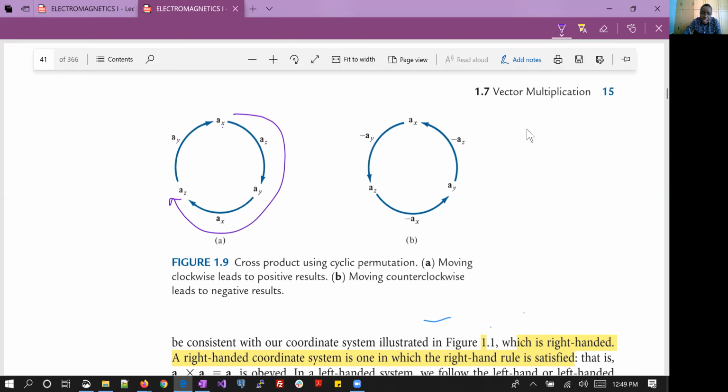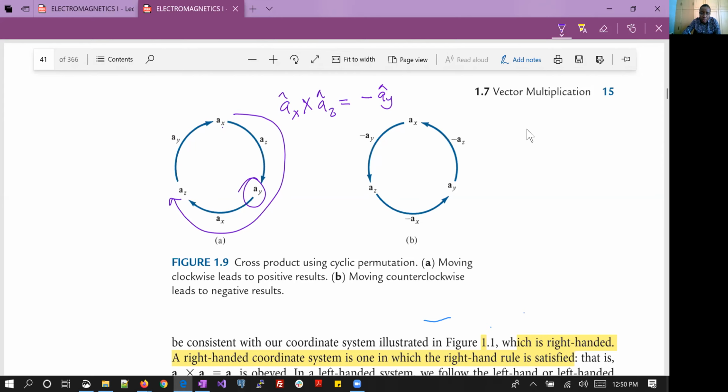So the result will be AX cross AZ equals negative AY. Because you jumped it, it means that you get a negative. And that is always how they work, because you're always going to the right.